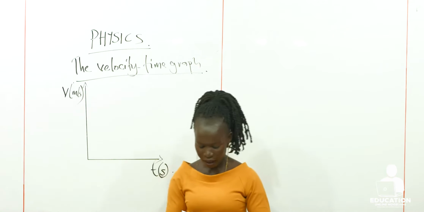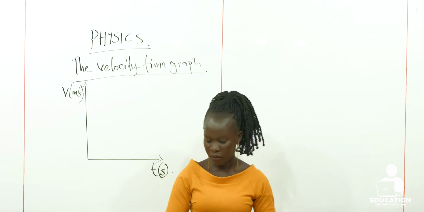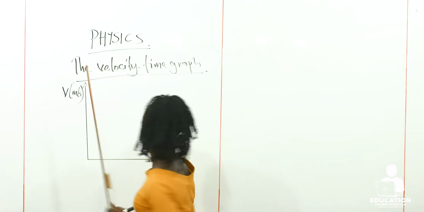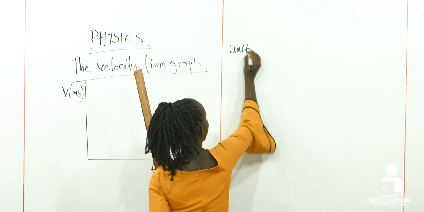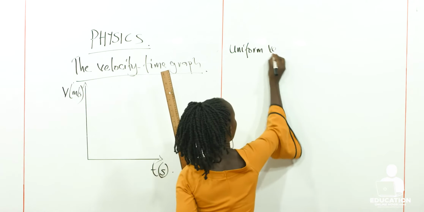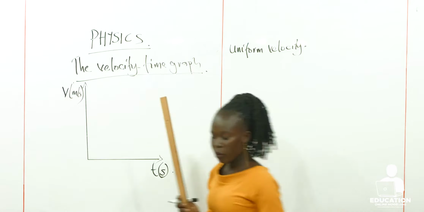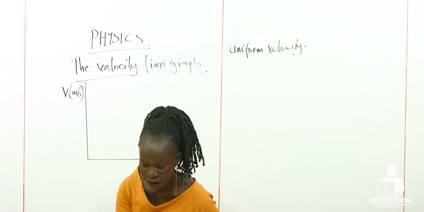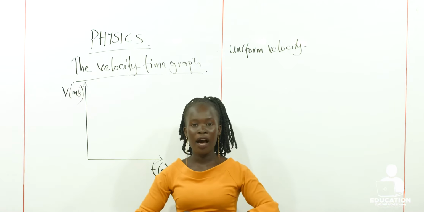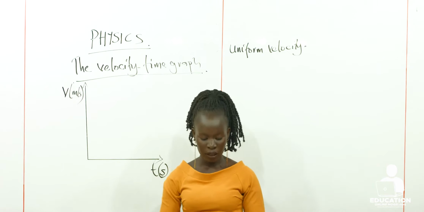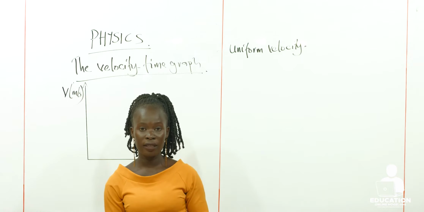So we have the uniform velocity. When the body is moving with a uniform velocity, in your graph you represent it with a horizontal line.